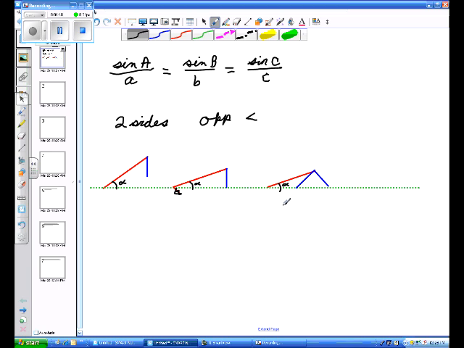And as you go through and work these, if there's no triangle, it's going to show up immediately. If there's only one triangle, it will show up fairly quickly. And if there's two triangles, then you've gone ahead and solved for it. And I find that it's really not extra work to do it that way. To figure out how many triangles there are going to be, sometimes you have to do computations, and then you still have to solve the triangles. So if you want to look in your book and see the table and go through and figure that, you can, or we can just go ahead and work these.